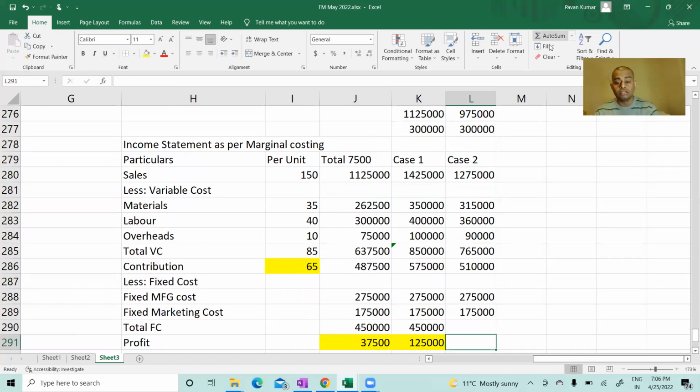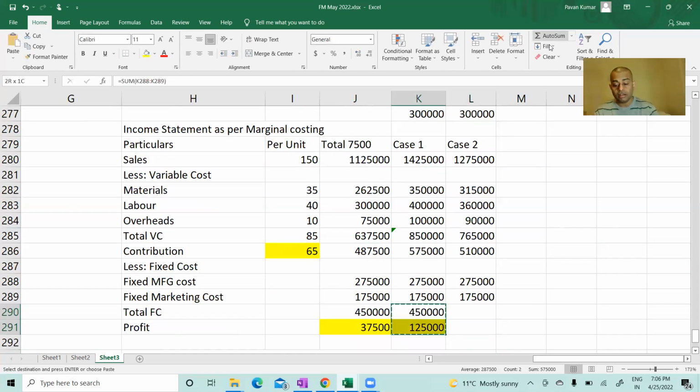Then calculate profit. Oh my God, 60,000. Better than present 37,500. At present, you are getting only 37,500. So even when your capacity is 9,000 units also, even when there is a condition that you should accept the 2,500 consignment in full or reject, even then you can accept the project.